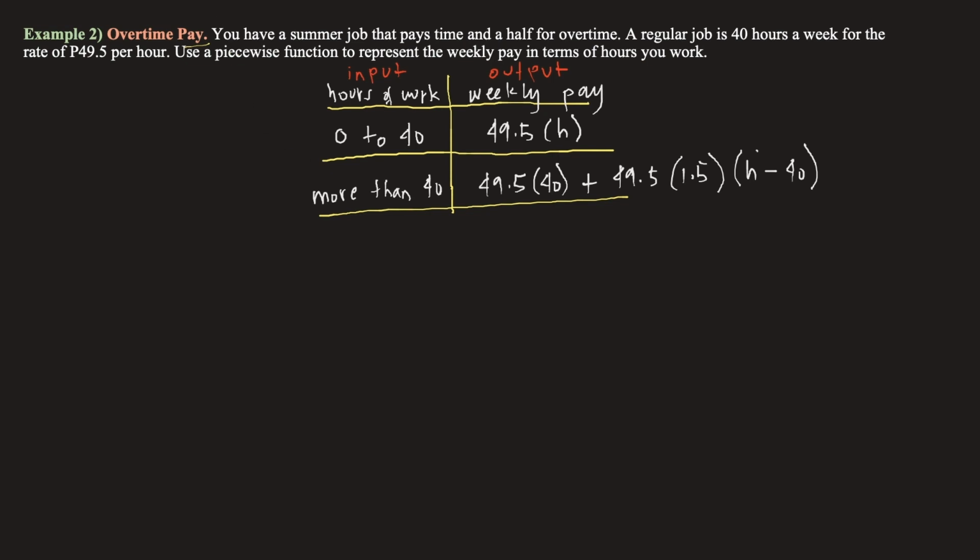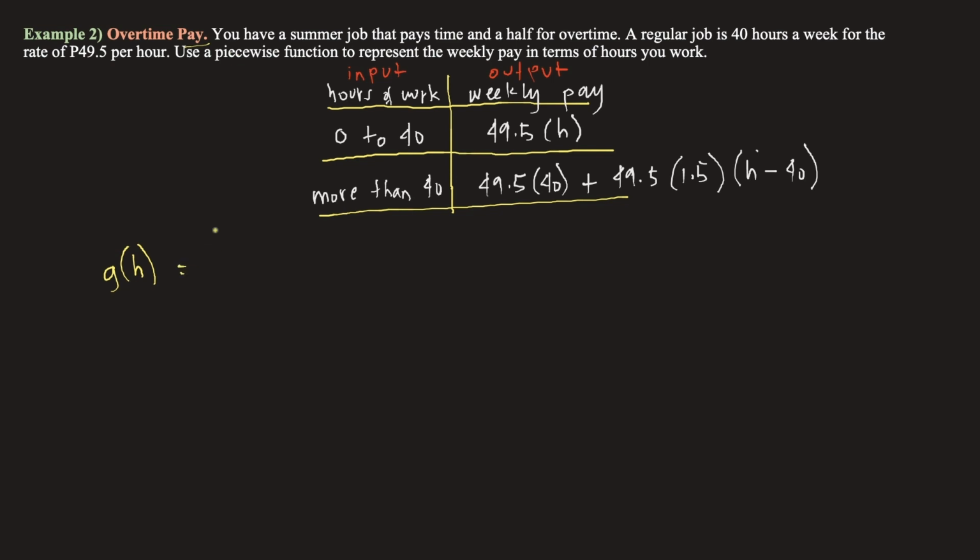Now that we've constructed our table, we now move on to constructing our piecewise function. So in this case, I will write g of h, where g is the name of our function and h is the name of our variable that represents the number of hours worked.